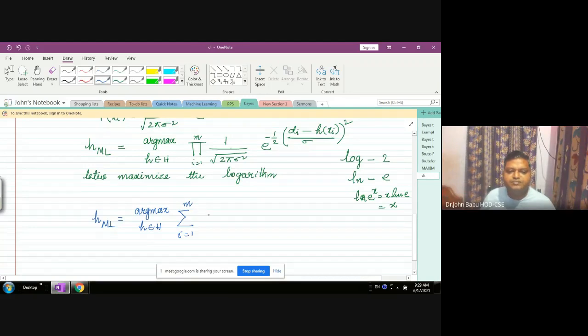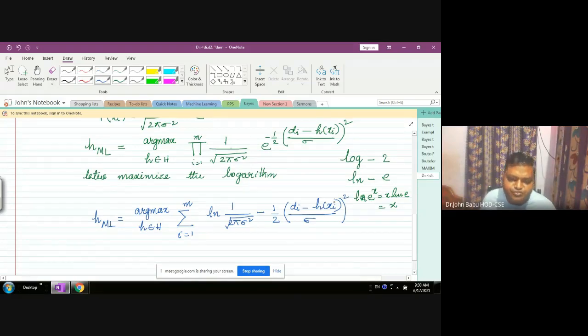The first term is the logarithm of 1 by square root of 2 pi sigma square, and this is minus half, di minus h of xi, by sigma, whole square.